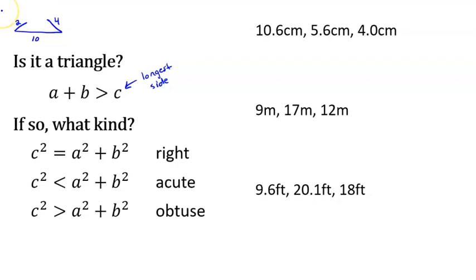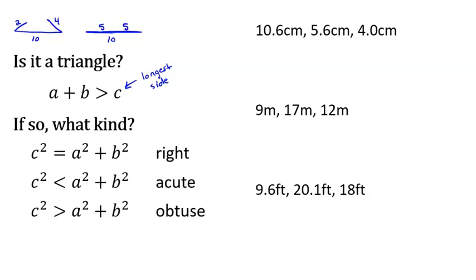And so 2 plus 4 is only 6. It's never going to reach because that 10 is just too long. So then if we have a string that is 10 inches long, and let's say we have two strings that are 5 and 5, well, if we have 5 and 5, they're just going to collapse down. They'll meet each other, but they're just going to collapse down onto the 10.